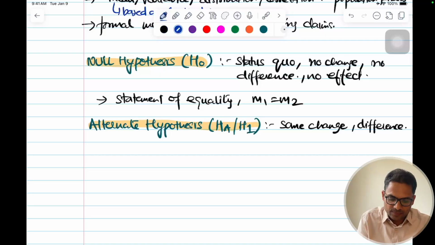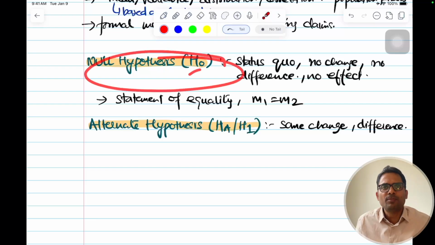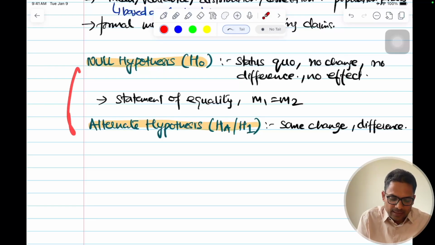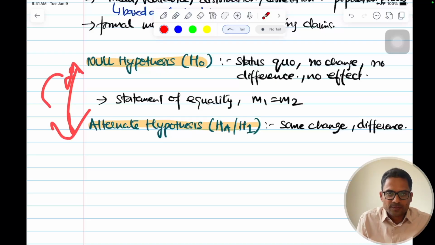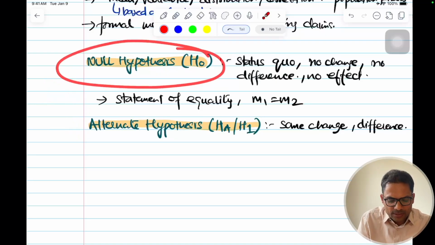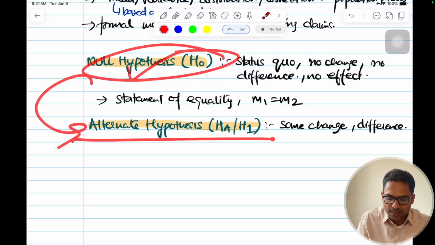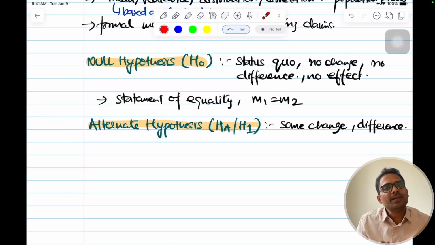The alternate will be true only if the null hypothesis is false, and all the tests are done on the null. Simple, because it is easier to test only one condition than to test both conditions simultaneously. So we just focus on the null hypothesis. If it is true, no problem, nothing has changed. If it is false, then we automatically fall back and conclude that the alternate hypothesis is true.